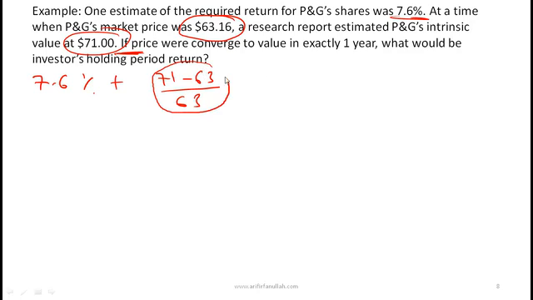How much is this percent? So that's 12.4. So what's your total expected return? It's 7.6 plus that. But this is a 1 year period. So what's the holding period here? What's your expected holding period return? If the price were to converge in exactly 1 year, what would be the investor's holding period return?